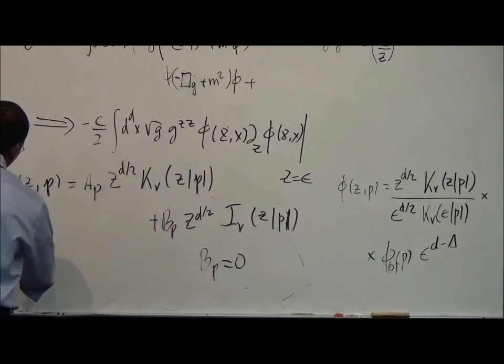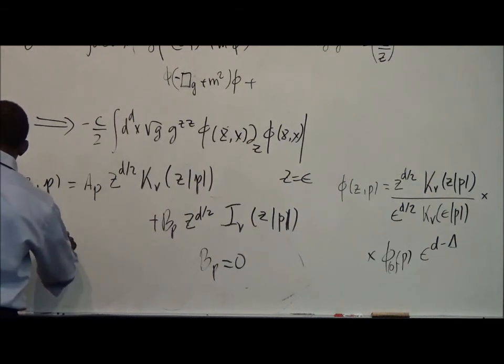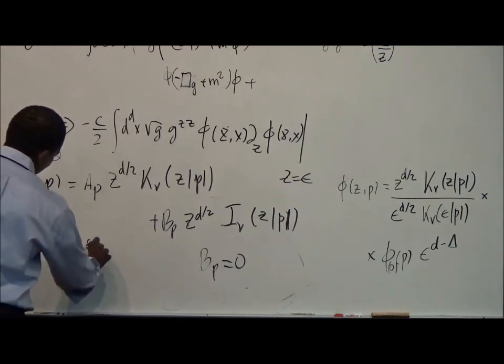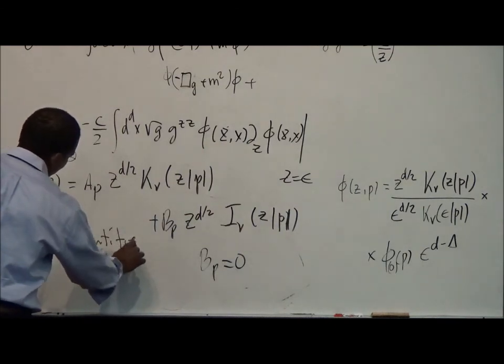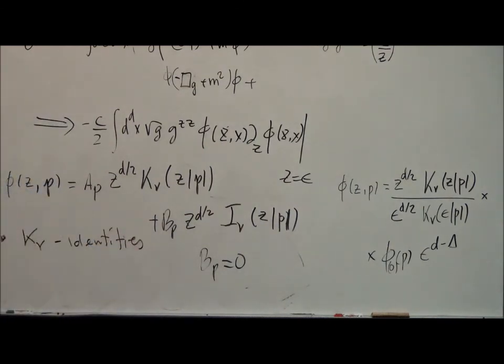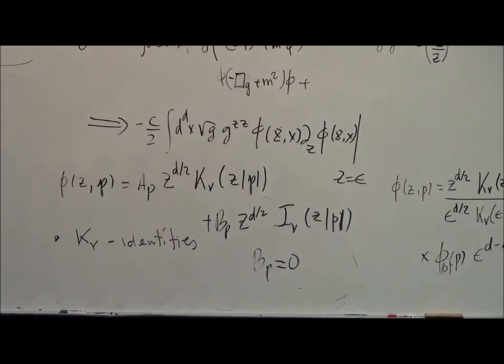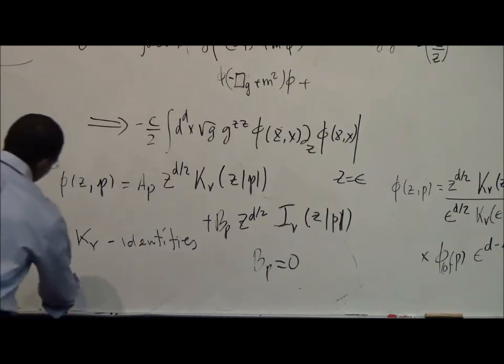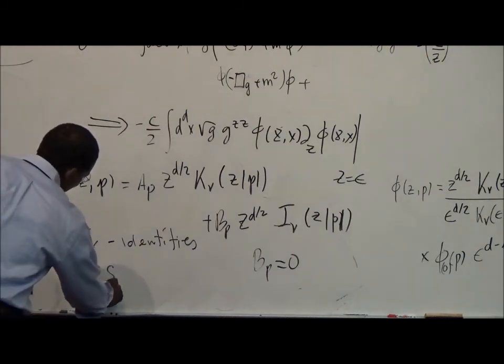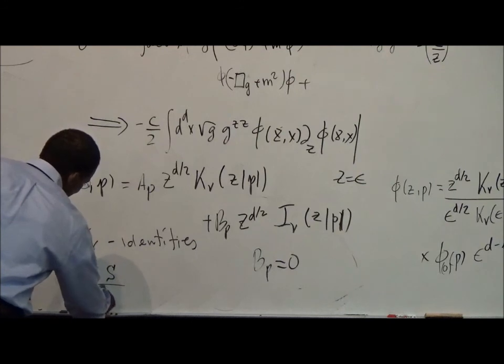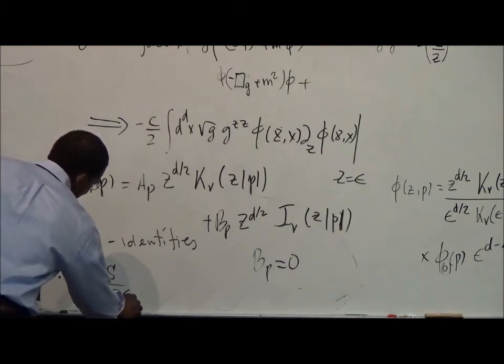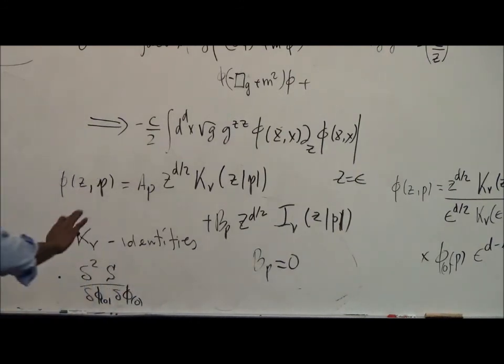You will need some K_nu identities. I have them written, but I don't think we will write them now. Then I just differentiate S with respect to the sources. There's no other stumbling block in this calculation.